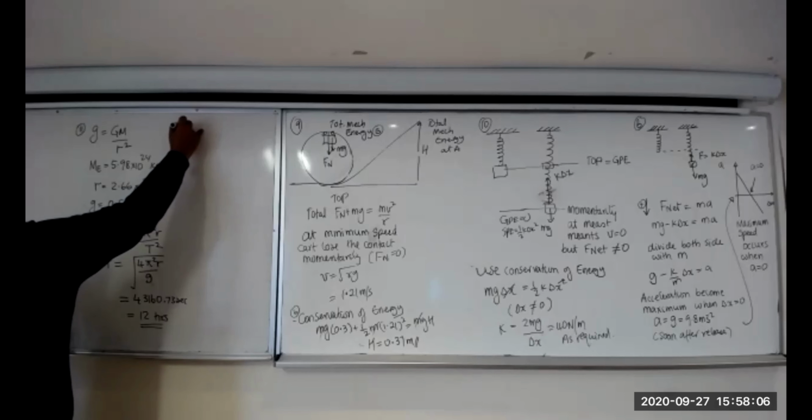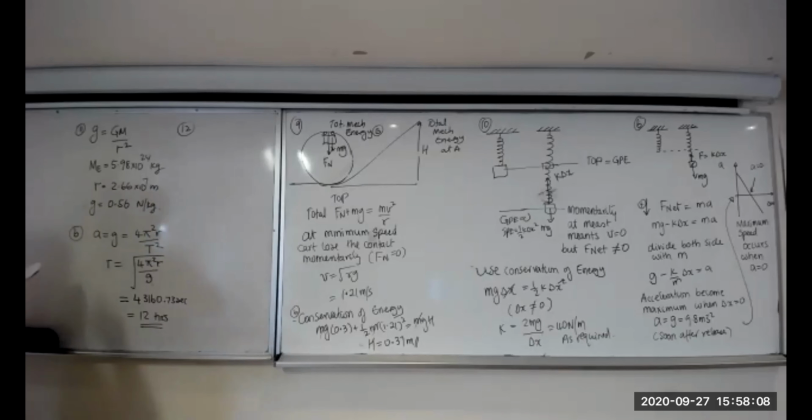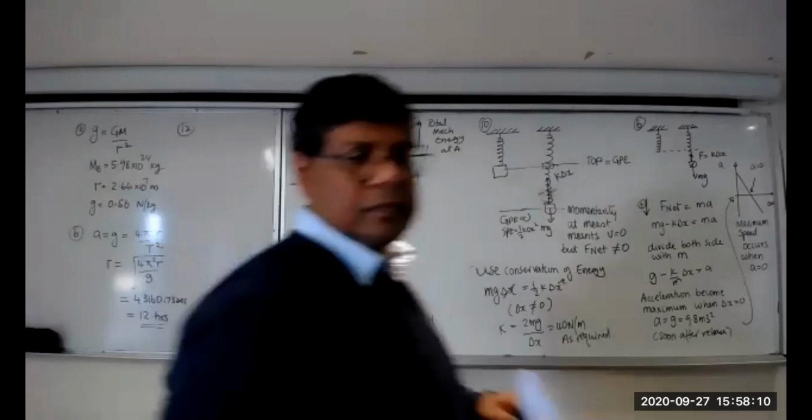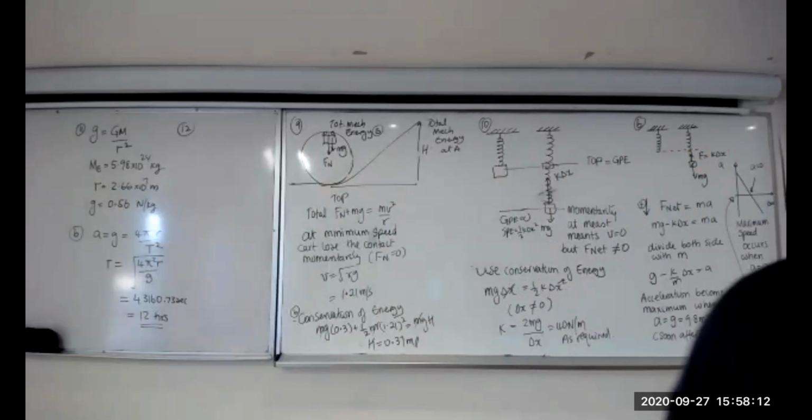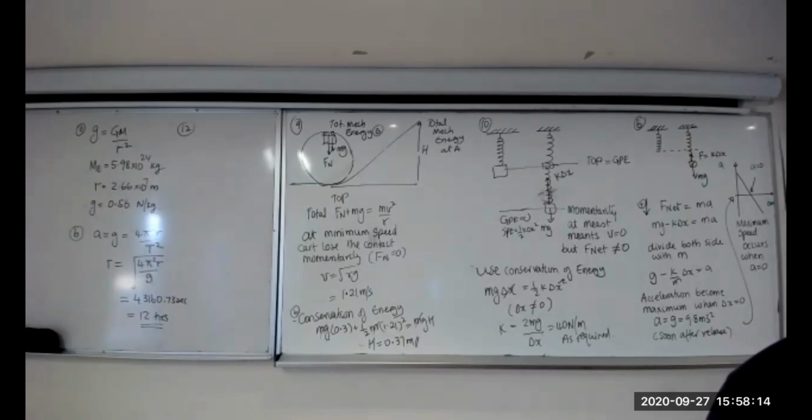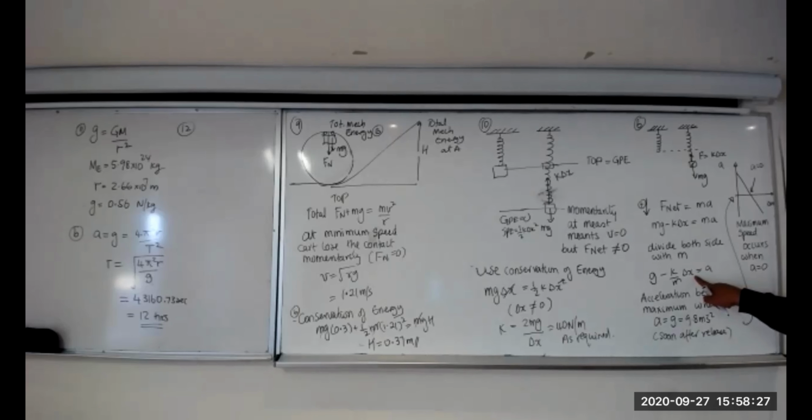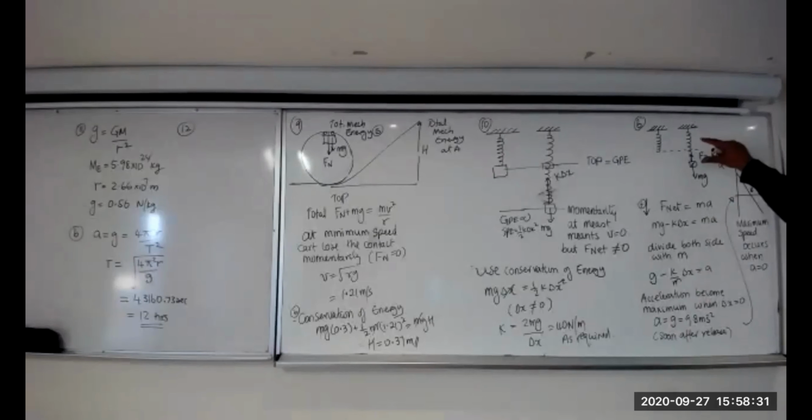Question 12. You can argue that way as well. You can argue because then you have to say that it's going to be twice the extension at the rest position, yeah, twice the extension.